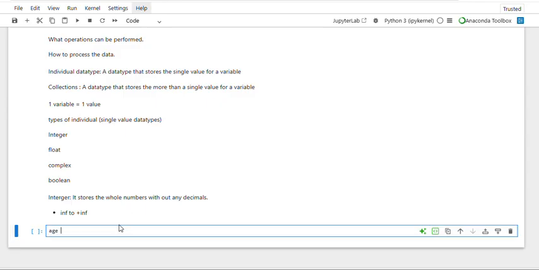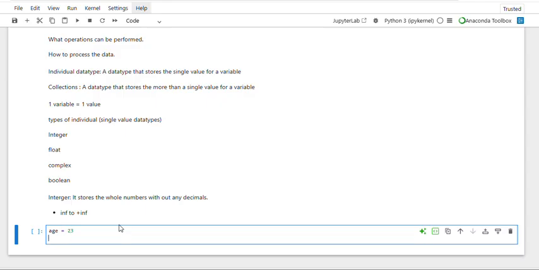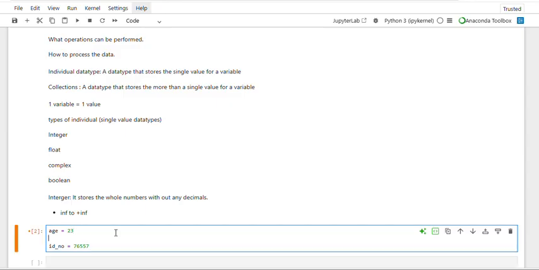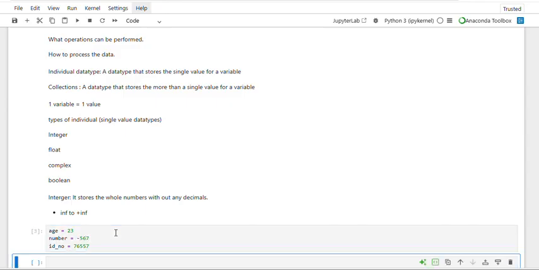So we will take age as a variable that contains some value, or else we can take one more thing, ID number. ID numbers will not be in decimals. So these are integers. Integers can even be negative. I'm taking number is equal to minus 567.